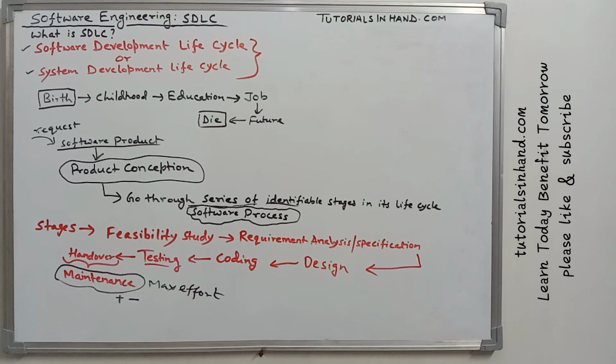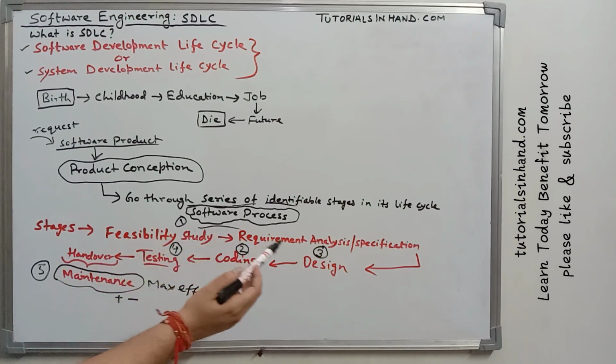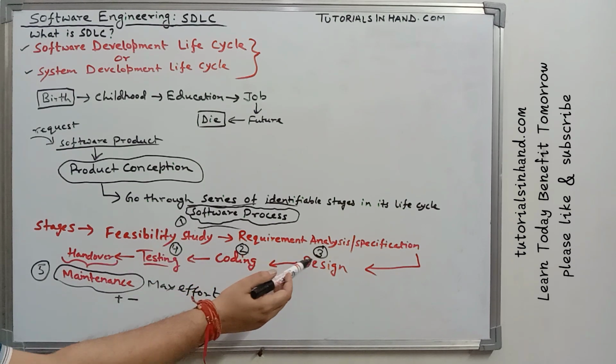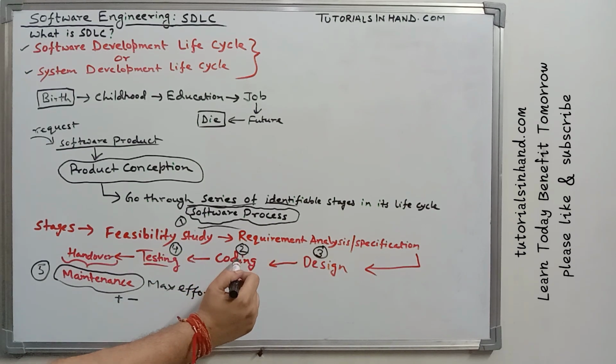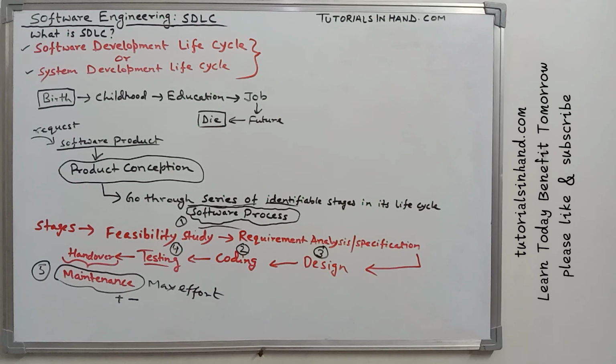Then is the coding and unit phase, and then is the requirement and analysis phase. So this requires the minimum effort, and then coding requires effort greater than this, design requires effort more than what is required in coding, and then testing requires greater effort than design, and maximum effort is required by maintenance, right? So this is just a layout.